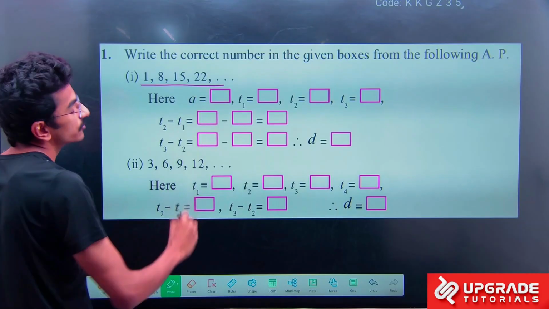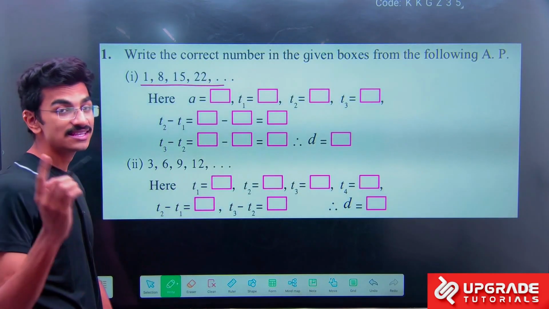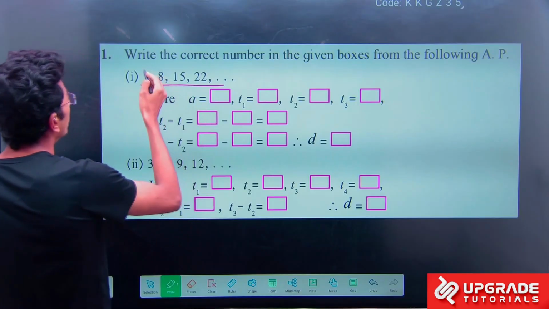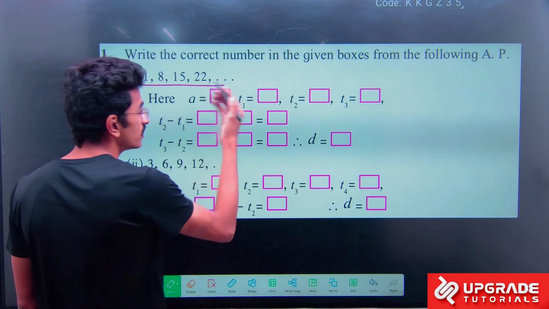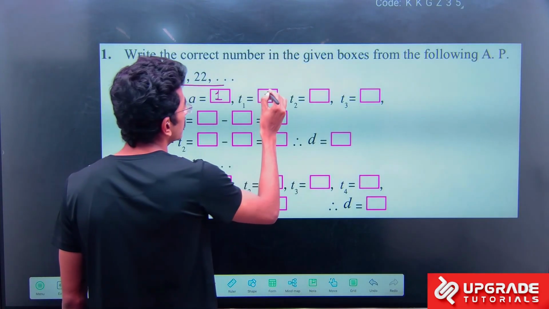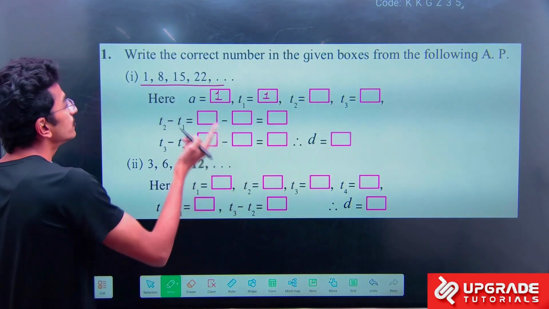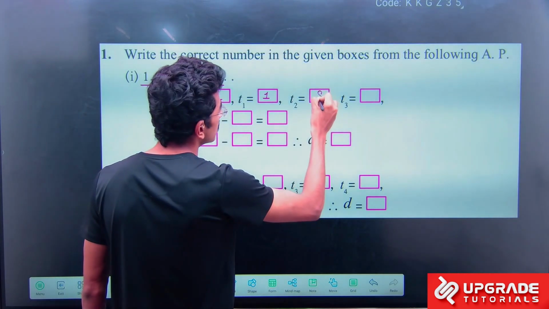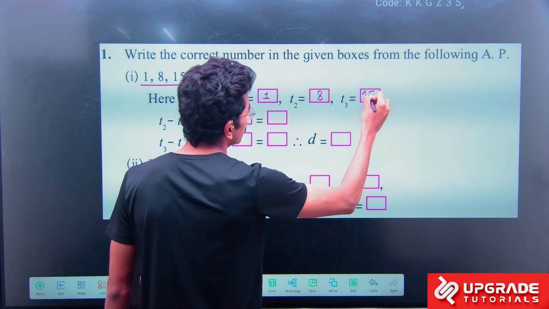Okay, so this is the sequence. Here A is equal to, as I said before yesterday, what is A? A is nothing but the first term. So the value of A will be 1. Also, what is the first term? It is the value of A and it is also again 1. T2, what does T2 mean? The second term, which is 8. T3 means 15, right?